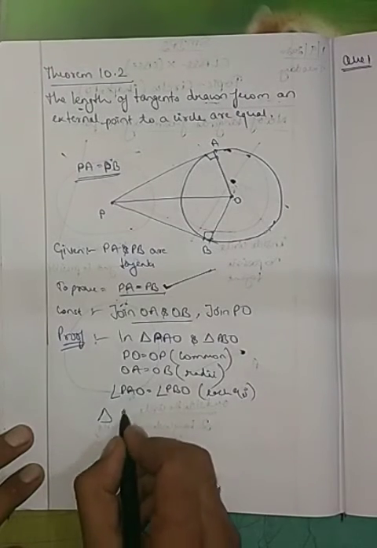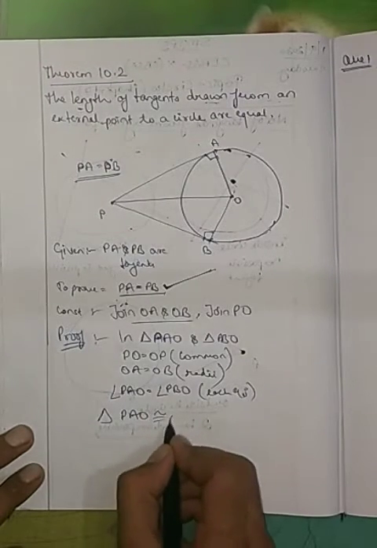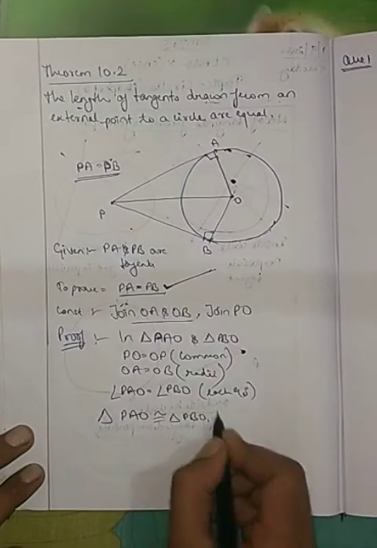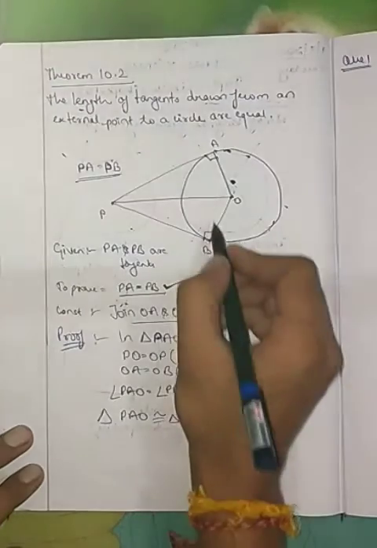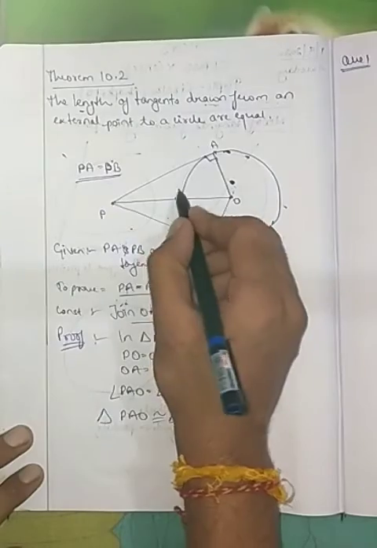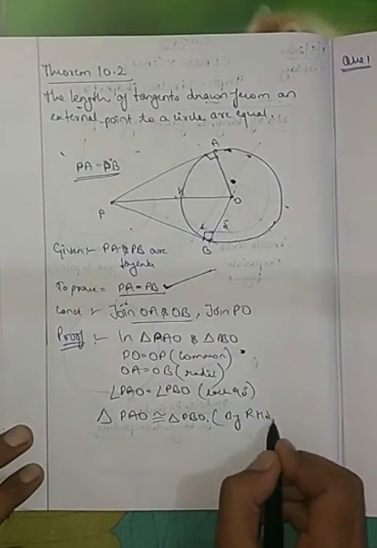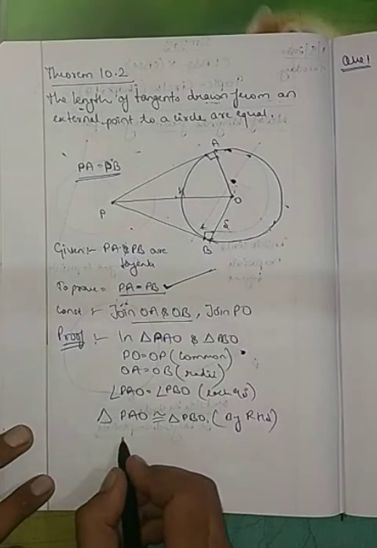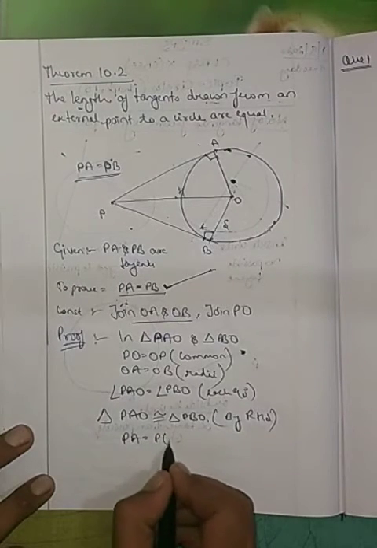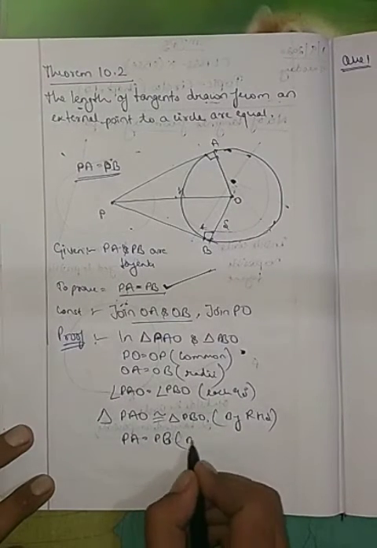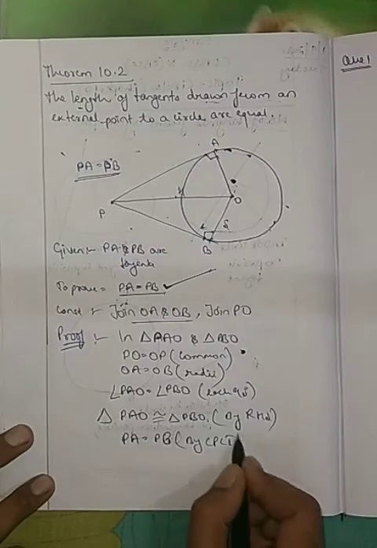So triangle PAO is congruent to triangle PBO by RHS, since this is the hypotenuse, right angle, and side. And we can say PA is equal to PB by CPCT.